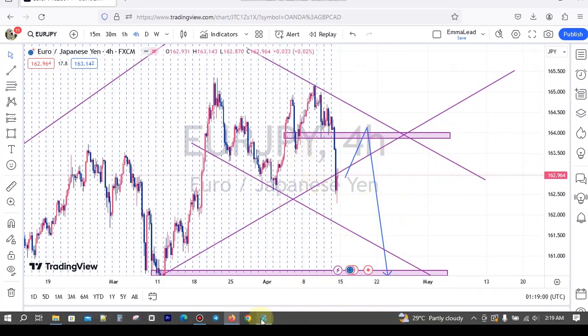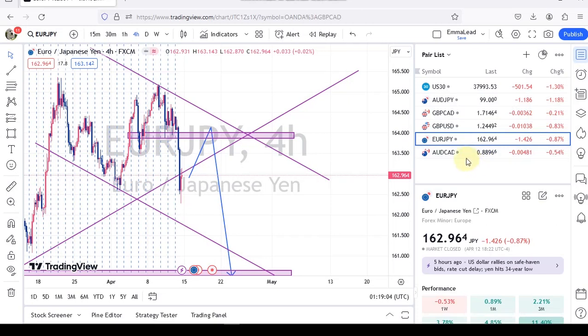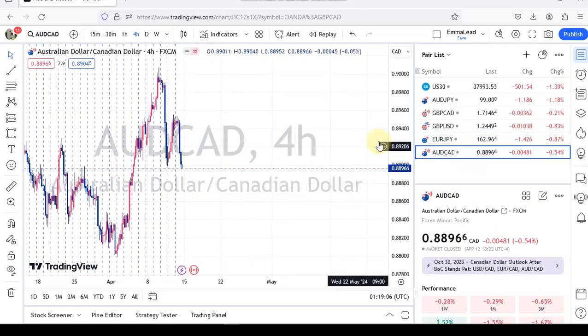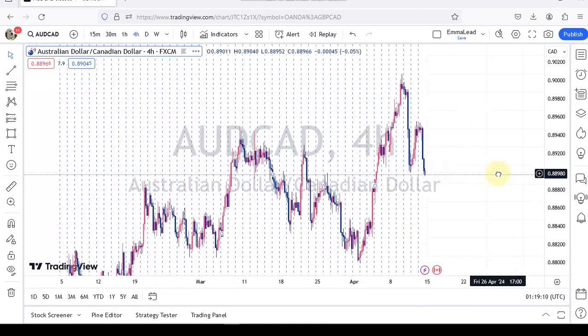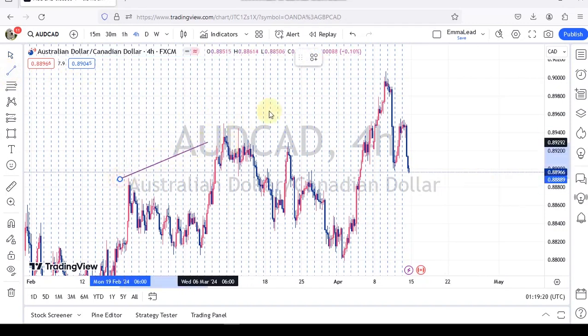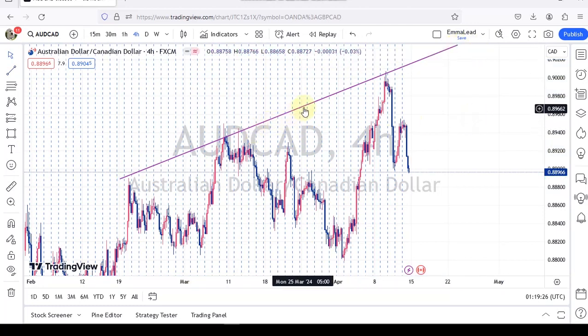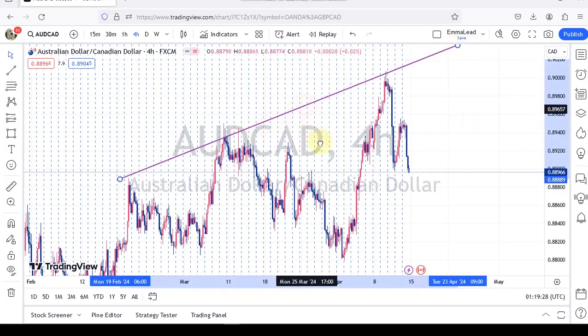So the last pair here we have is Aussie Cad. So what is happening here? The first thing is that I need to take a look at this. This is 4-hour.